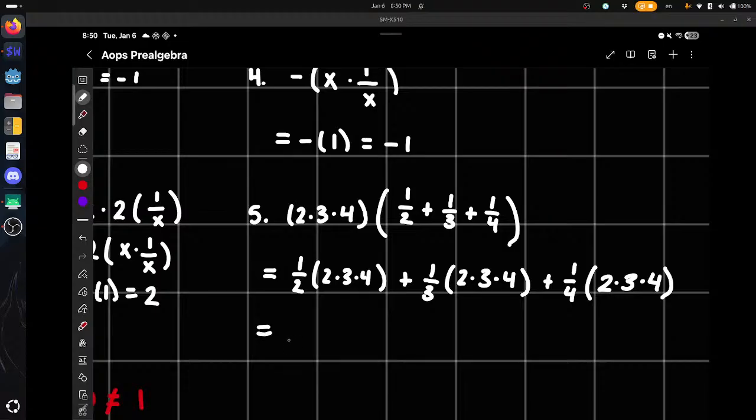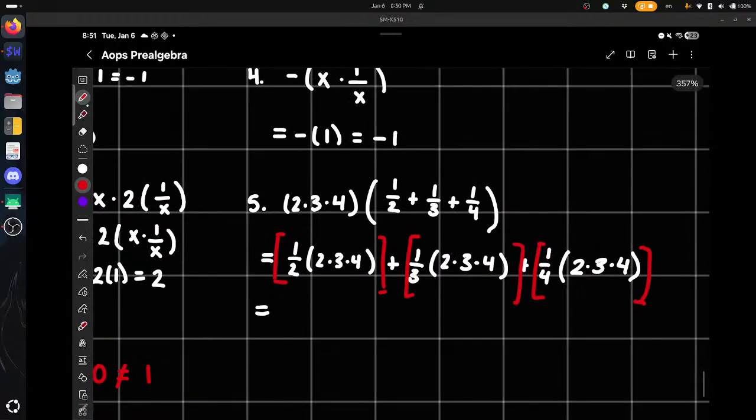We can combine these, so you see how it's multiplication. Like this expression, it's multiplication, so we can move these numbers around. Same as this one. But you see how that 1/2 and 2 exist? We combine those, we get 1, so we're really left with 3 times 4. That's 12.